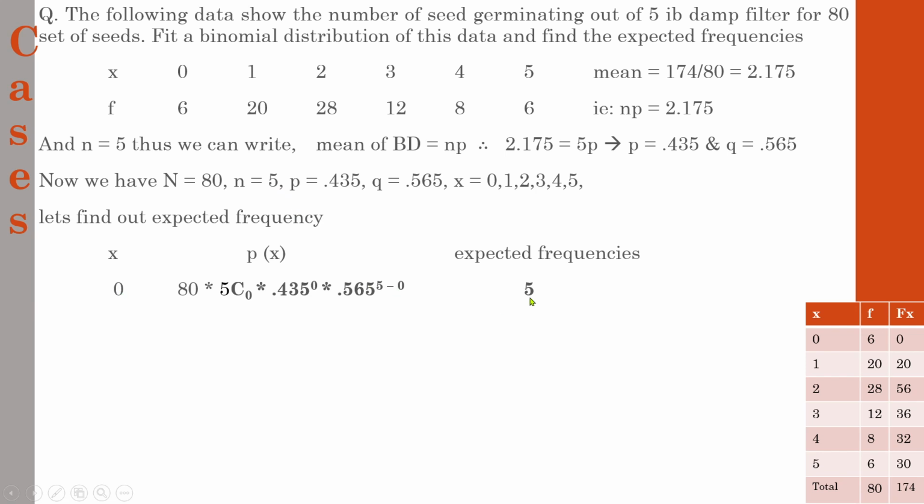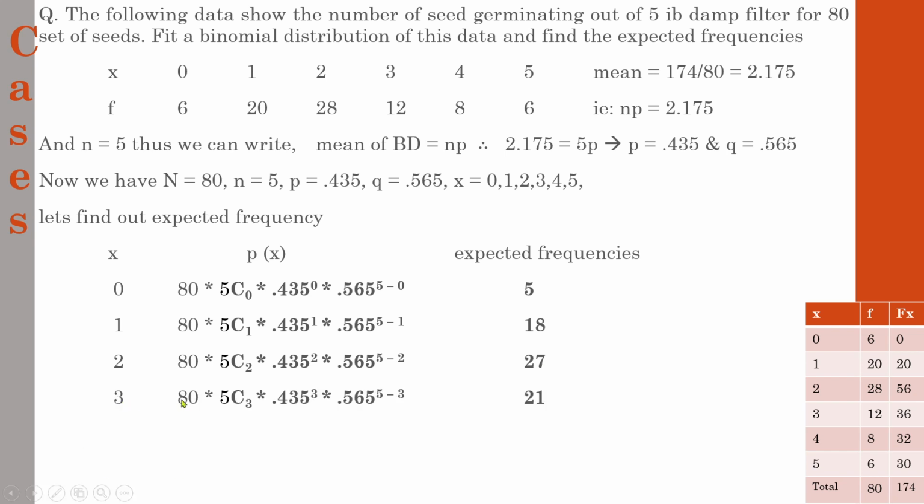Likewise, when the event is 1, 80 into 5C1 into 0.435 raised to 1 into 0.565 raised to 5 minus 1, you will get 18. Next, second event, 80 into 5C2 into 0.435 raised to 2 into 0.565 raised to 5 minus 2, you will get 27.